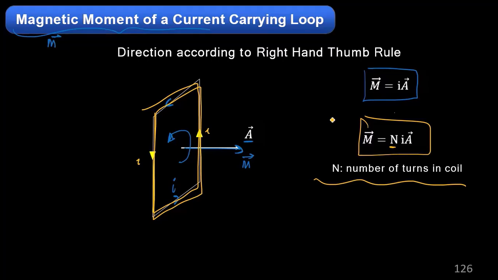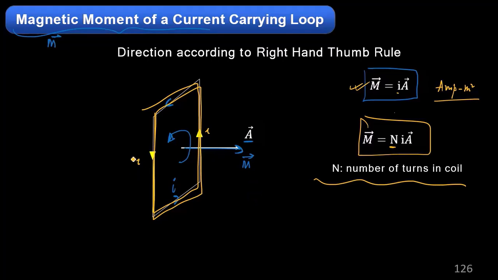So once I know the A vector direction, magnetic moment should be equal to I into A. I is a scalar quantity multiplied with the vector quantity. M is the vector quantity. Unit is ampere into meter square. This is the magnetic moment. So this is the formula for the magnetic moment that you have to apply for a current carrying loop. Okay. So for a current carrying loop, magnetic moment is this much.